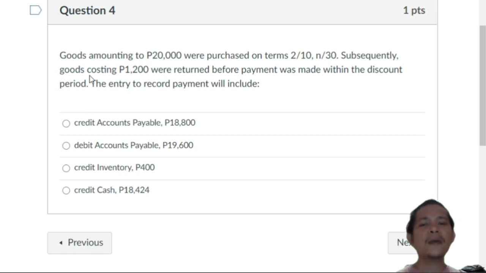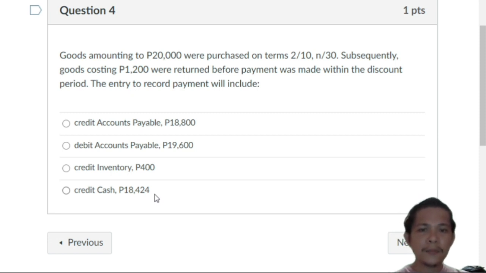The entry to record payment will include credit accounts payable for 18,800, debit accounts payable for 19,600, credit inventory for 400, or credit cash for 18,424. Ano ka dito? Buyer or seller?